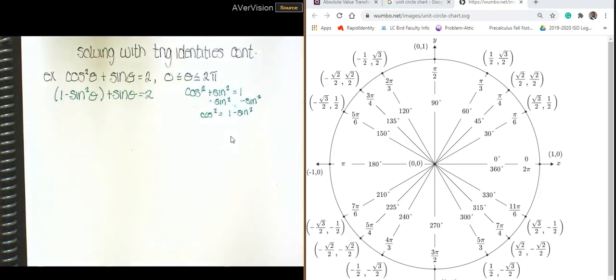All right. Now we have everything in terms of sine.